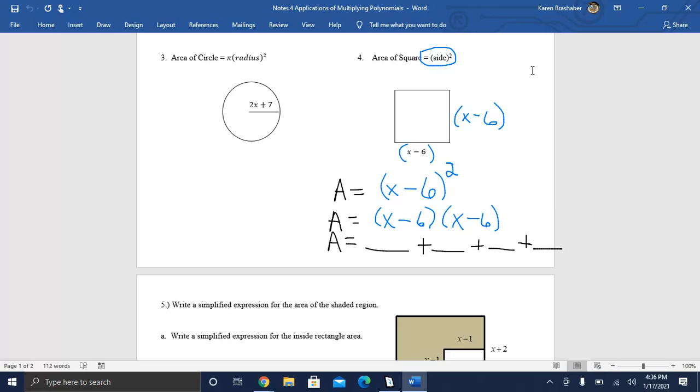And we'll start with doing x times x. And that's a times dot. Then we'll move to x times negative 6. And then we'll do negative 6, multiply that by x. And finally, we'll be taking negative 6 times negative 6.